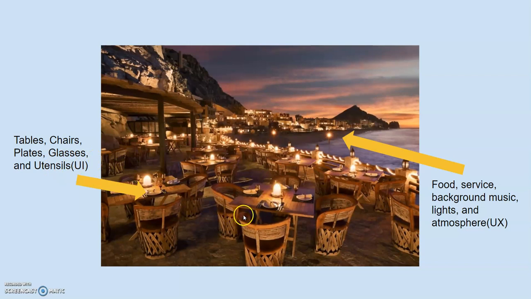User experience is everything like the food, the service, the background music, the lights, the atmosphere, everything you experience and feel. If you leave the restaurant with a smile on your face, that means you just experienced good user experience.